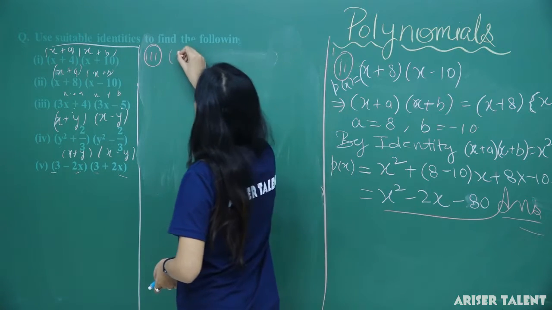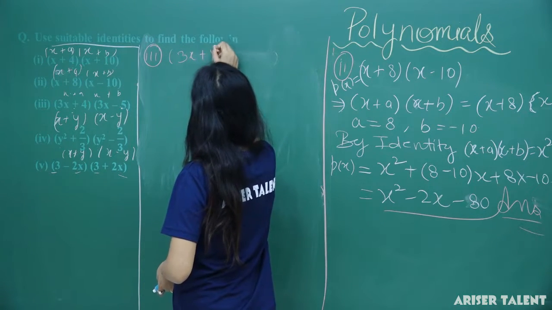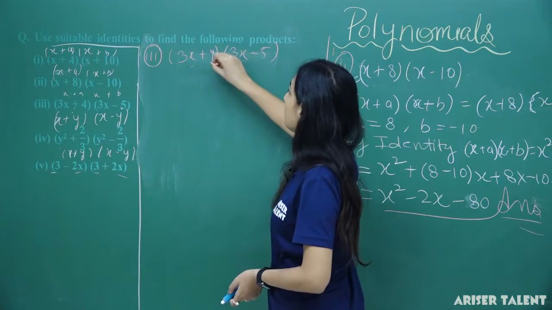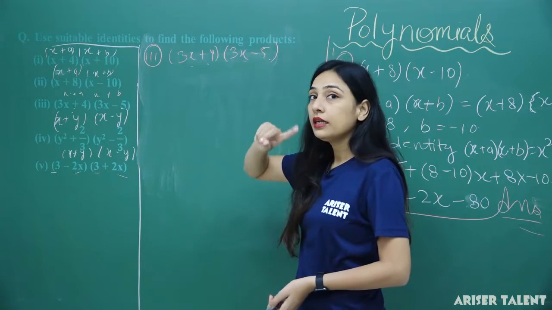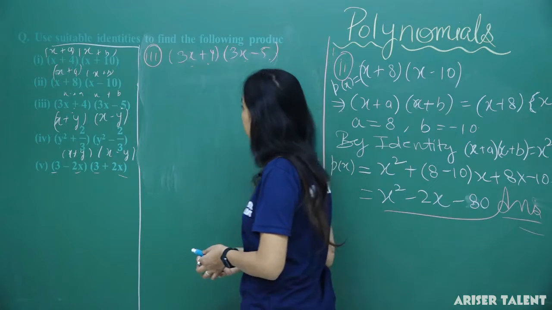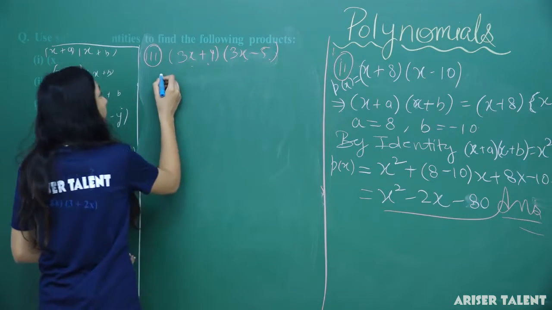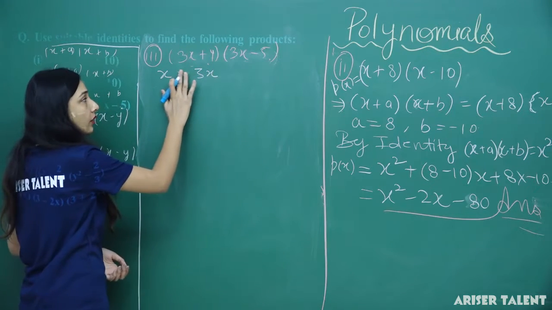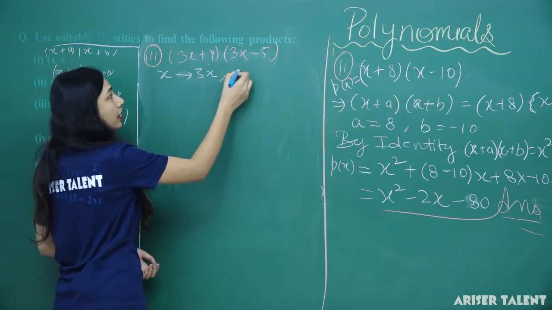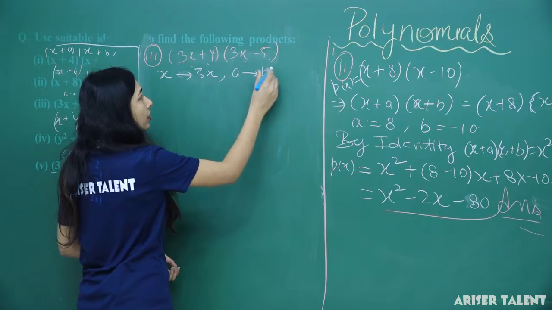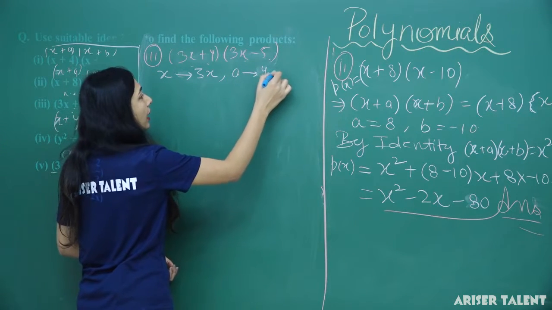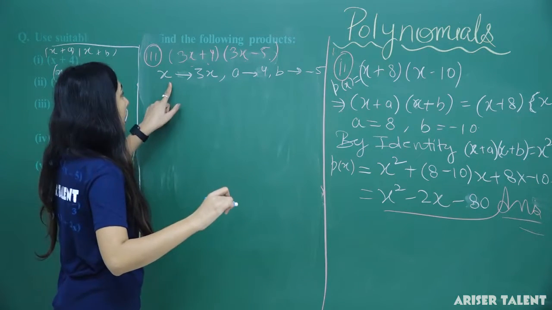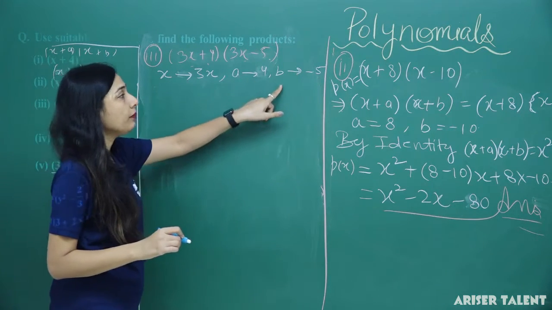Here you have got 3x plus 4 and 3x minus 5. The first terms are same and the second terms are different. So again by the same identity, here x equals 3x, right, and a is 4 and b is minus 5. x is 3x, a is 4, b is minus 5.